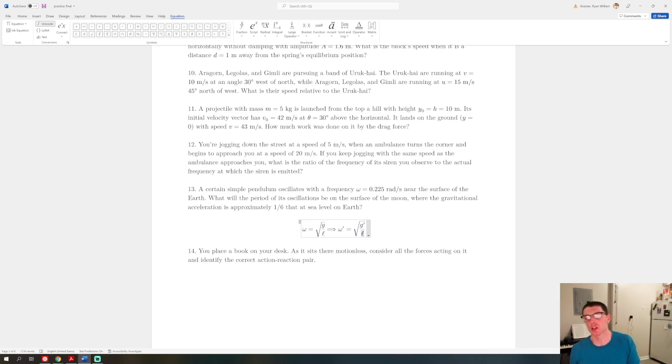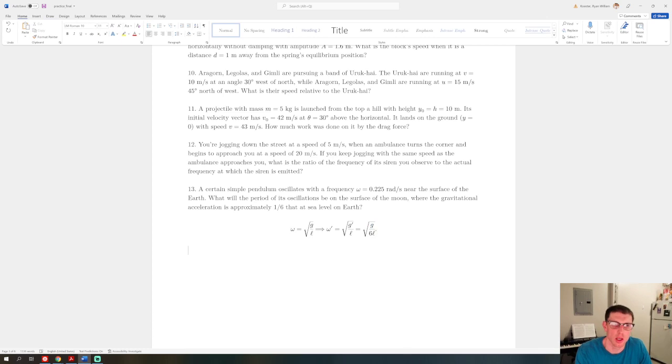So the only thing that doesn't change here is L. And g prime is, as we're told in the problem statement, just g over 6, because it's 1/6 of 9.81 meters per second squared. And so we could write that this is g over 6L, right?